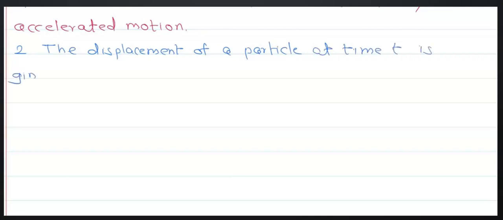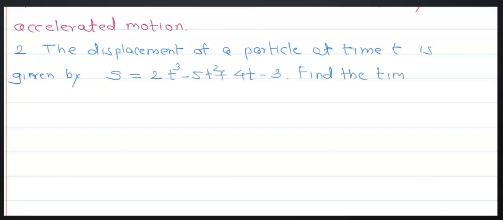Now the second problem. The displacement of a particle at time t is given by s is equals to 3t cube minus 5t square plus 4t minus 3.